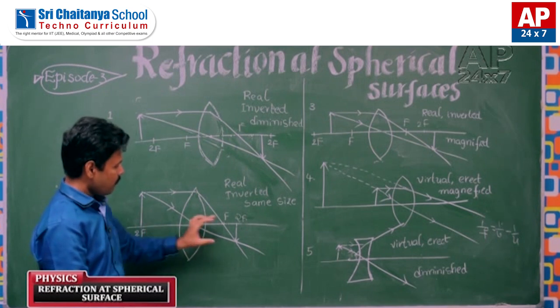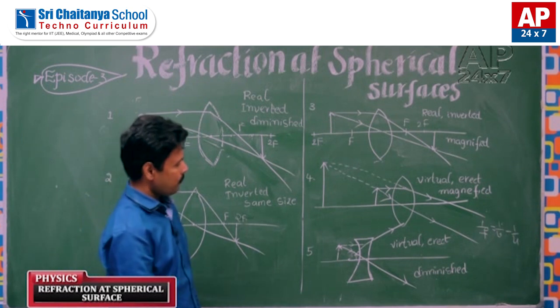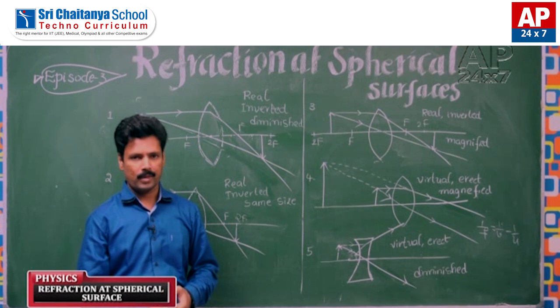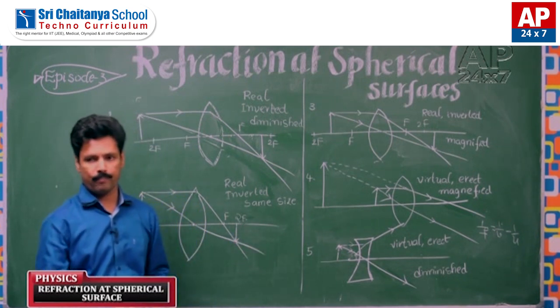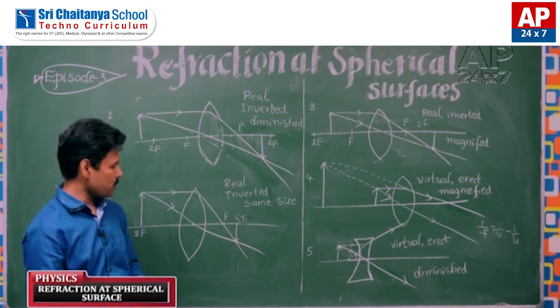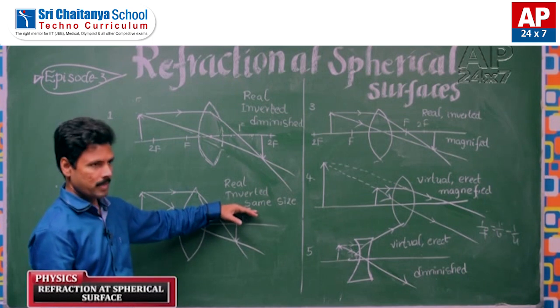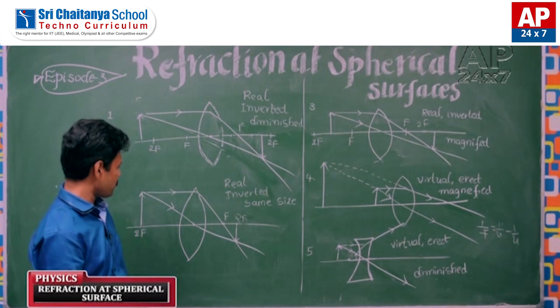That means both are of the same size. Therefore, magnification m = v/u, so v is +2f and u is -2f. That means magnification is -1. That means it is the same size, inverted and real, right?